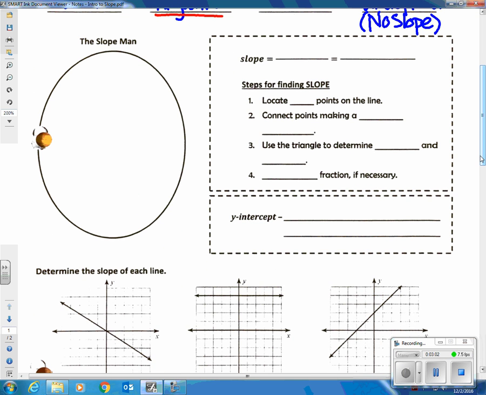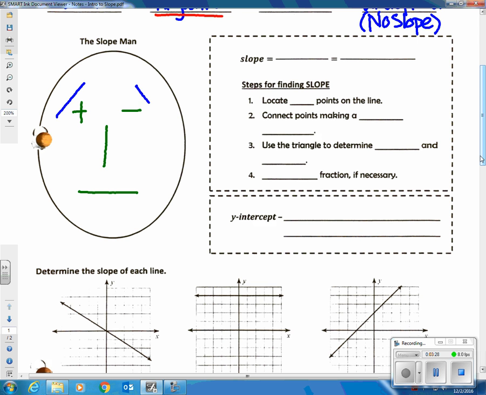Okay, then we also have slope man to help us remember with our 4 different types of slope. If we think of having a little face here, we're going to have a positive slope, we're going to have a negative slope, we have that vertical slope, and we have a horizontal slope, so to speak. So if I think about this, positive goes up. There's my little eyebrow kind of thing for my little guy here.